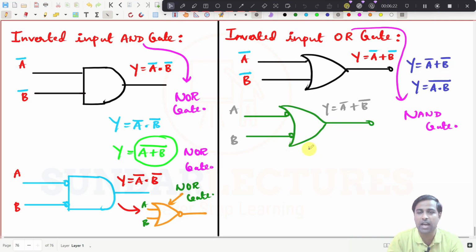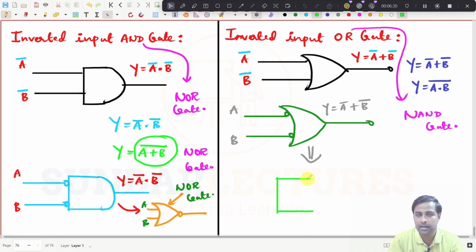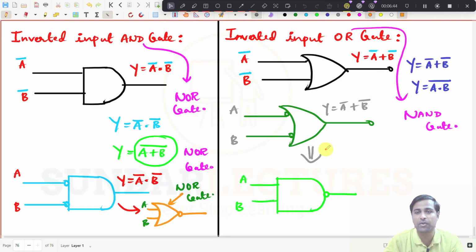So now I can draw this gate as a NAND gate. Now this is A, this is B, and what will be my output now?